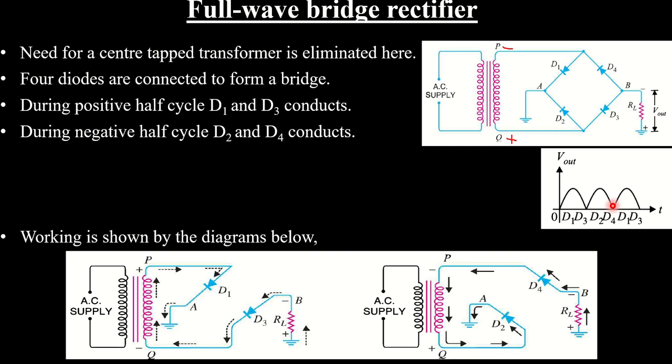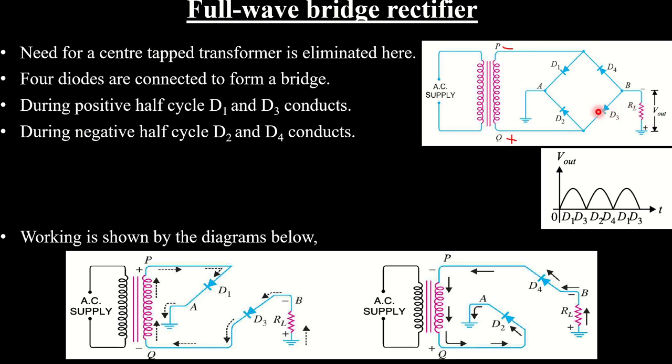So we have a full wave rectified output. Again, it is a pulsating DC, and it is similar to the output of a center tapped rectifier. But remember that the peak voltage, whatever voltage appears across the secondary, that is PQ, will appear across the load resistance RL.